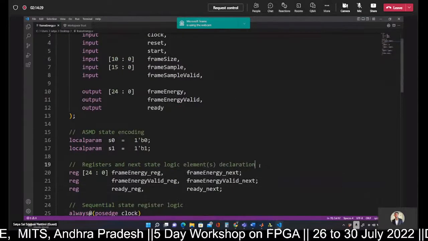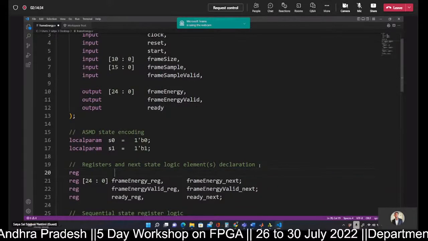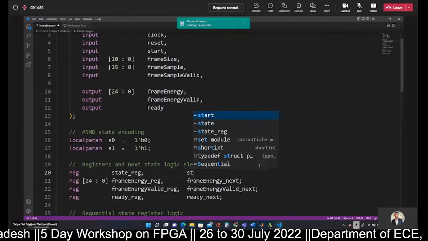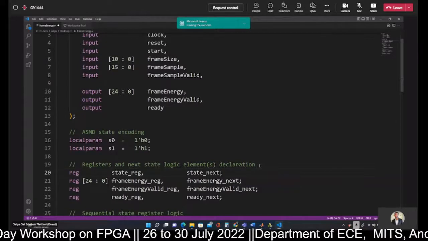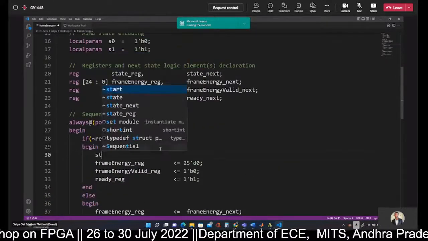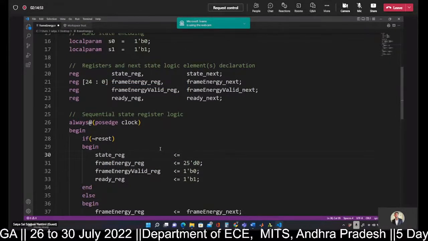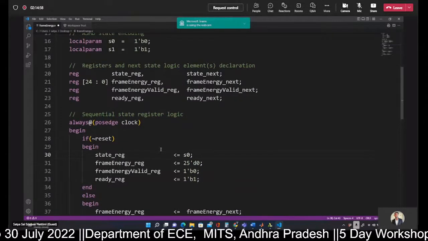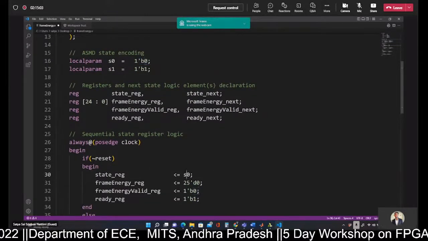So to hold that state, we need one variable called state_reg, the state register, and to update that state register we need a combinational next state logic, that is state_next. So ideally on power up, state_reg should be S0. That means in register, what is S0 value? That is 1'b0. So ideally FSM should be in the S0 state.